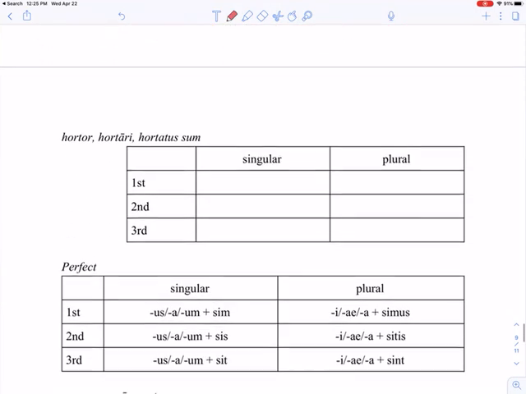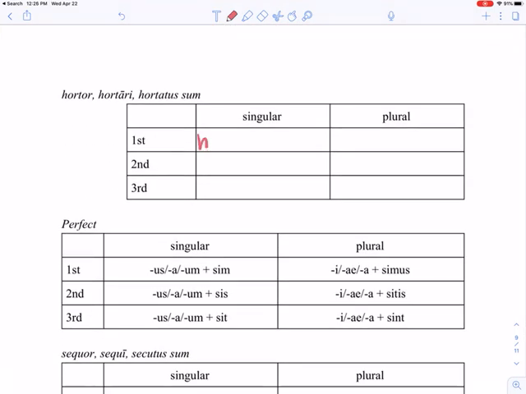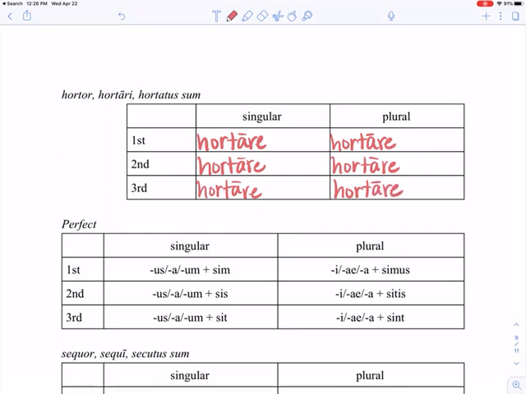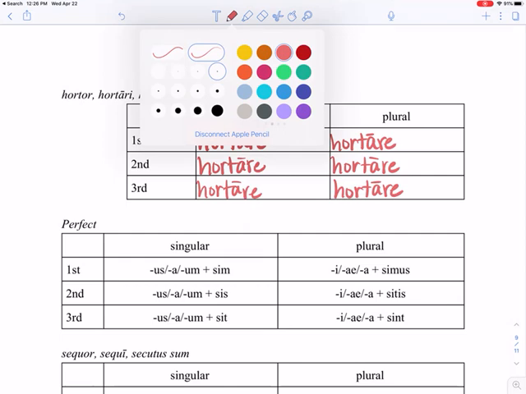Okay, so again, my stem now becomes hortare. All right, and then we're going to add our endings there.